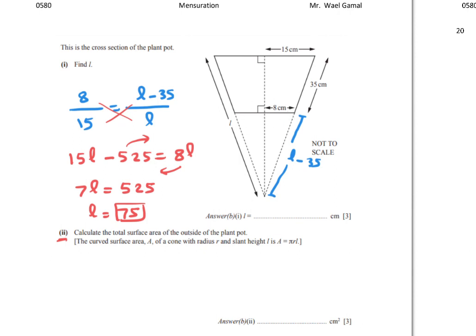For the larger cone, πrl is π times 15 times the slant height 75, minus πrl for the small cone, with slant height L minus 35, so 75 minus 35 is 40, so π times 8 times 40.